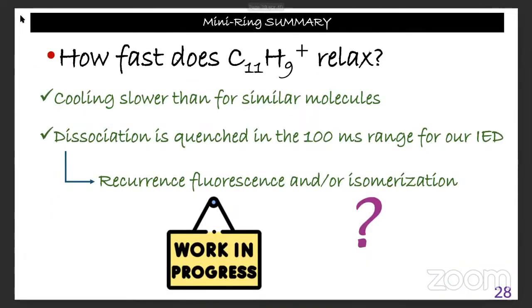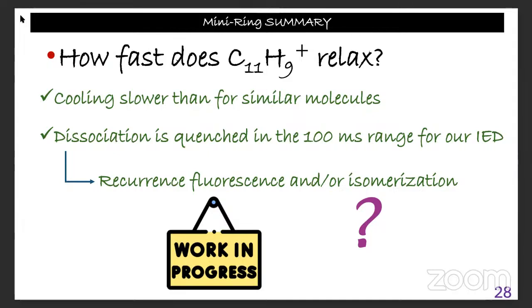So far regarding these results, because we are still working on it, how fast can we say? Well, there is cooling, but we know that the relaxation mechanism of this cation is slower than observed for very similar molecules such as naphthalene or azulene.